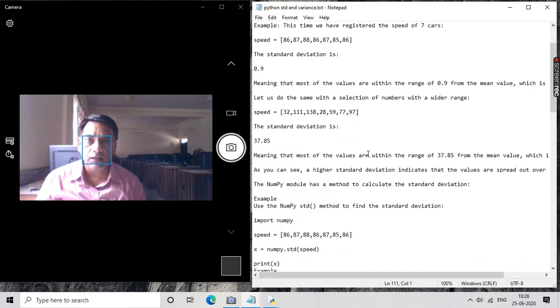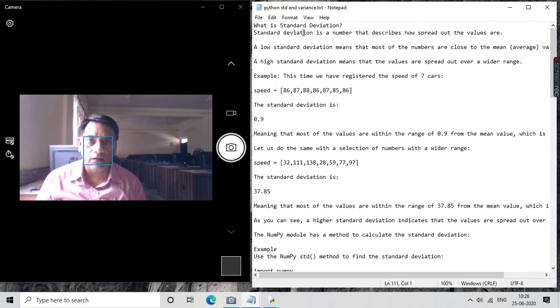You can see a definition of standard deviation. This is not much for the Python subject. This is part of the mathematics, but we have to understand how it is going to calculate. So you can take a simple benefit, and you can read the following terms.